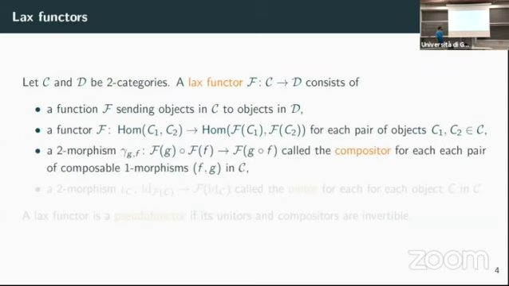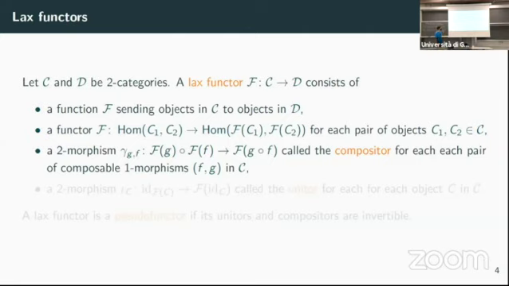But for composition of 1-morphisms, it's not necessarily going to preserve composition, and not even up to isomorphism. Instead, all we get is a 2-morphism between the composite of the functor applied to the morphisms and the functor applied to the composite.